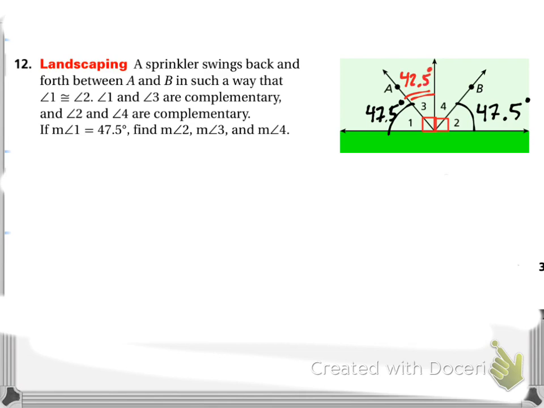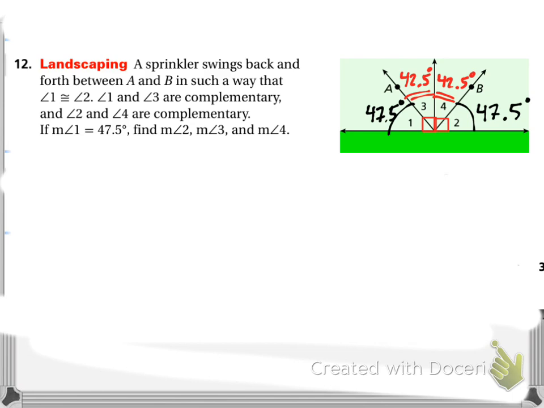And the same thing is going to happen on this side here, and they do end up being two congruent angles, even though it didn't tell us that. And there's your answers. Just put them down in a written format. Okay, last one.